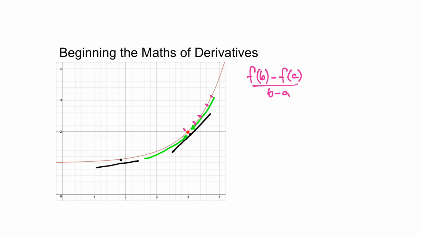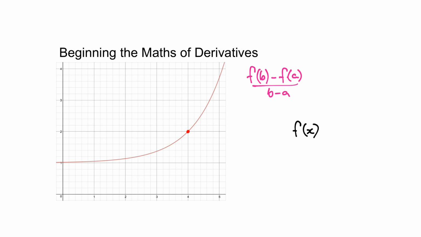So how are we going to find the rate of change at a single point when we've got a formula here that only deals with 2 points? Well, first of all, let's clean this up, and we'll just put that point back in. Now, let's call this point that we're looking at f of x.